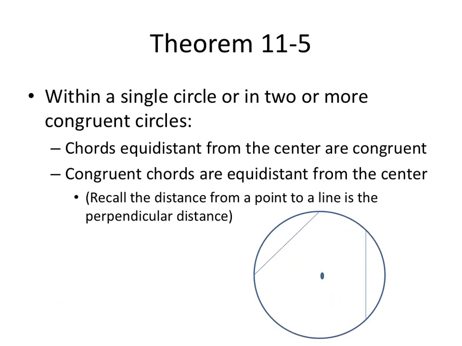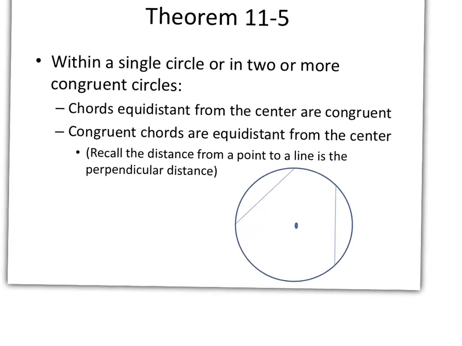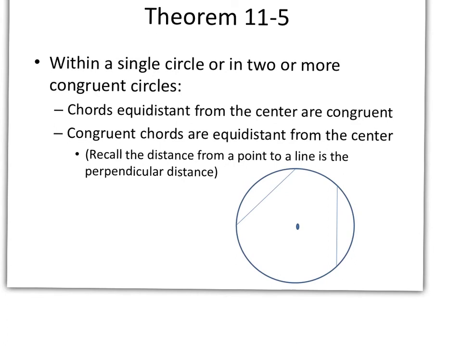Now let's talk about theorem 11-5. And I'm going to make this a little smaller so we can see this. Within a single circle or in two or more congruent circles, chords that are equidistant from the center are congruent. Now let's think about what distance from a center means. That's distance from a point to a line.